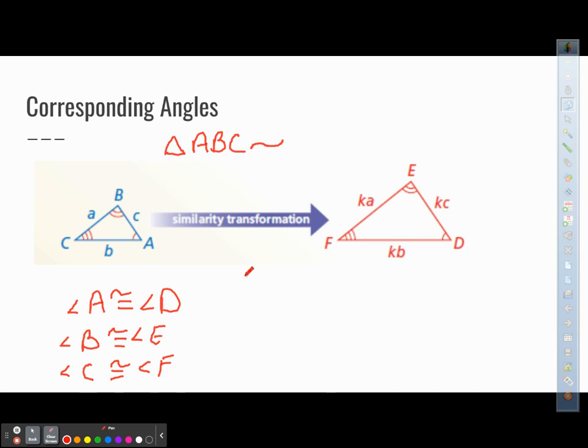So you put triangle ABC is similar to triangle. Since I listed A first, then I have to do D. Since B's next, then I have to do E. And since C's last, then F has to be last. So there's my similarity statement: triangle ABC is similar to triangle DEF. So a lot like congruent, but instead it's similar.